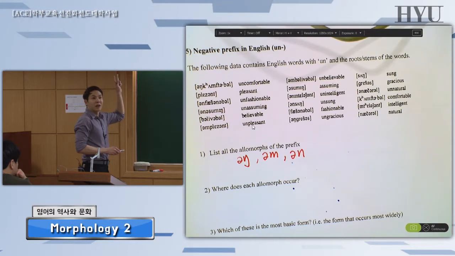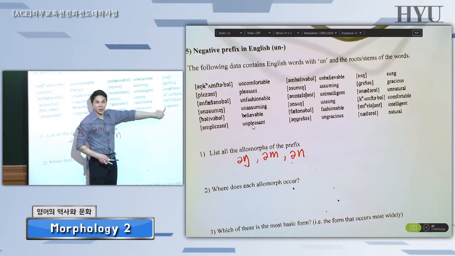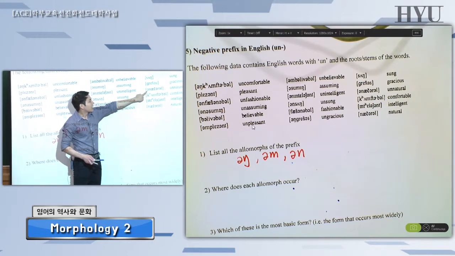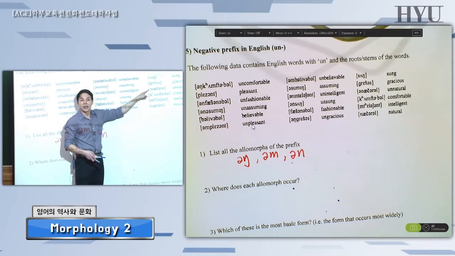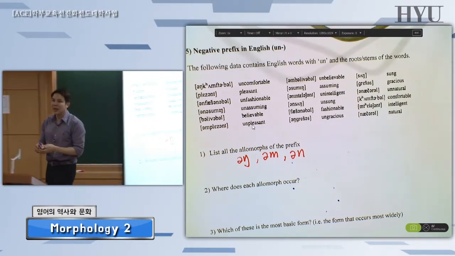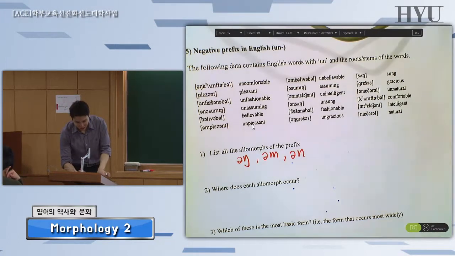Just the schwa, right? Natural has n to start with, but here there's only one n. That n has to be from natural, right? The n of natural cannot be just deleted, right? So only the schwa. So the last allomorph that might be hard to spot is just the schwa.